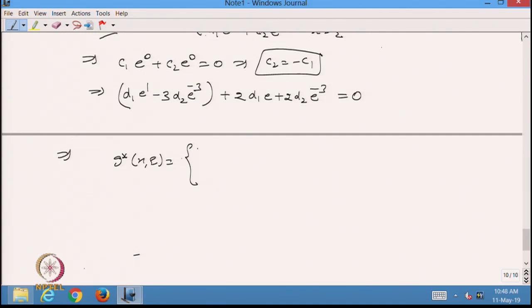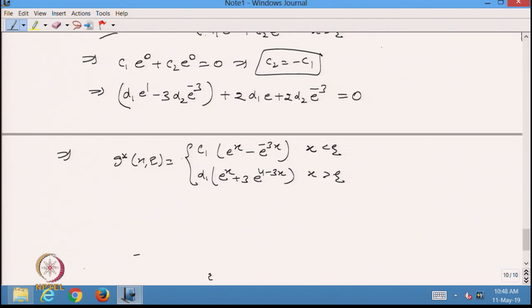So, I can write my green function G star x xi is equal to C1 e raised to power x minus e raised to power minus 3x when x is less than xi, and d1 e raised to power x plus 3 times e raised to power 4 minus 3x when x is greater than xi.